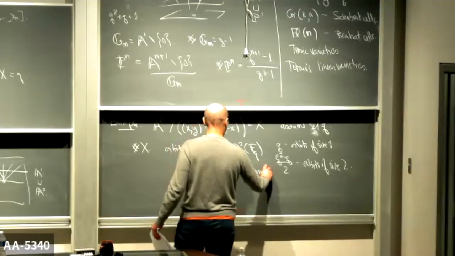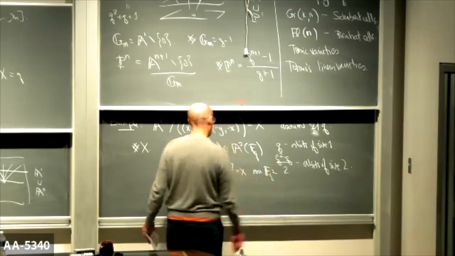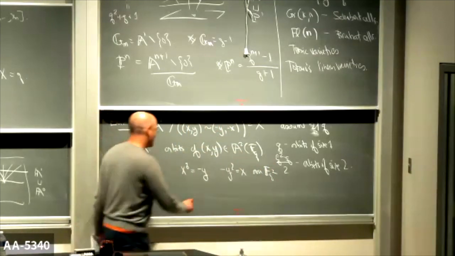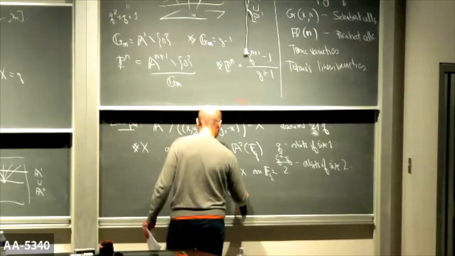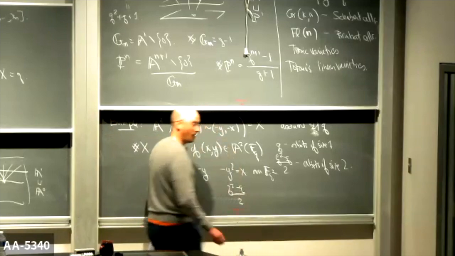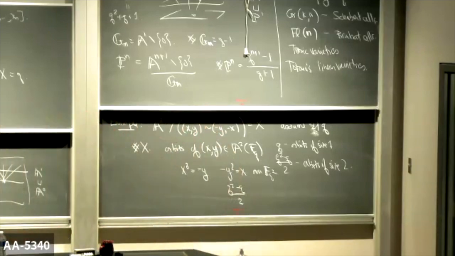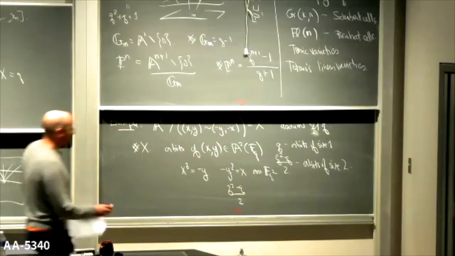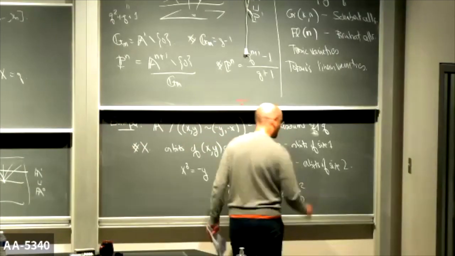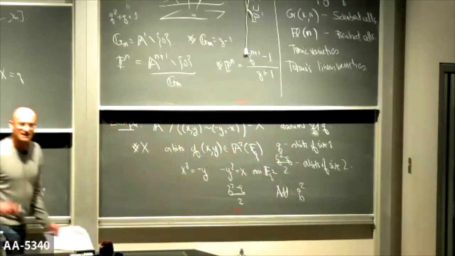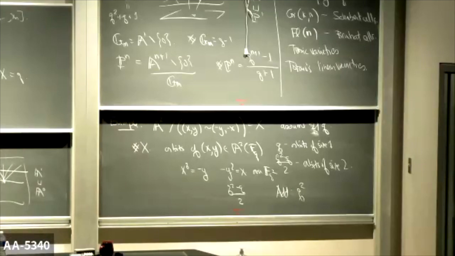And so those solutions will live over F_{q^2}, and you can go ahead and check there are (q squared minus q) over 2 of them. And so then you add these up, and you get q squared. So it is the same as the number of points on A^2, but there's no natural bijection between the two.